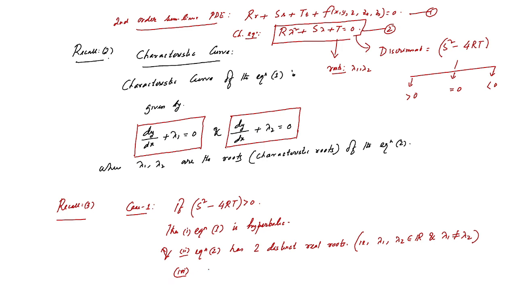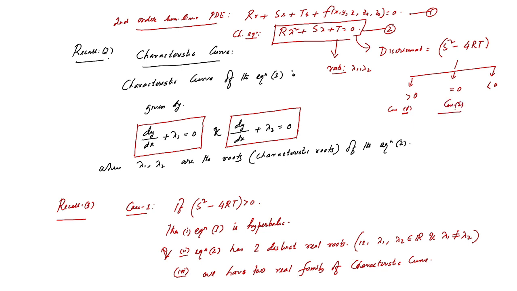So in that case we have two real families of characteristics. So that we can conclude for the first case. This is case 1.